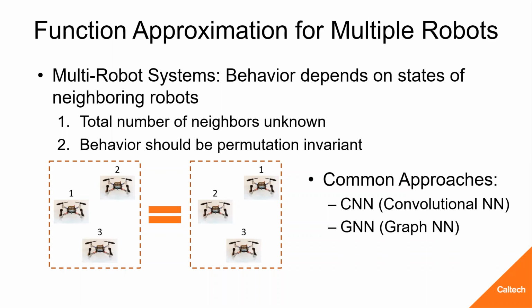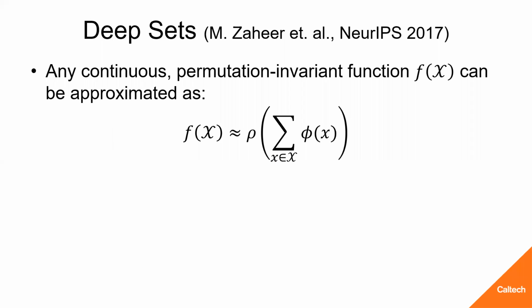So today, what I will use is a technique that I have not developed, but that was published at NeurIPS in 2017, called deep sets. The key insight of the deep sets paper was that any continuous permutation invariant function f of x can be approximated as a composition of two functions.